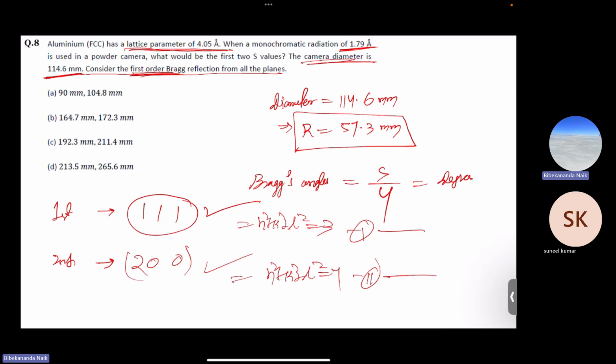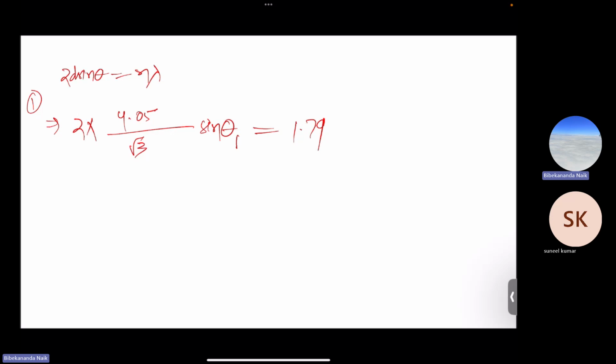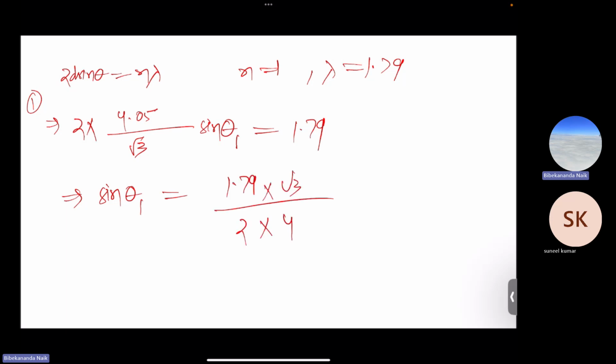Because here 1.79 Angstrom is the X-ray wavelength, and first order Bragg reflection will be taken. It is n equal to 1, lambda is 1.79. Then sine theta 1 will be 1.79 into root 3 divided by 2 into 4.05. So it will be how much?